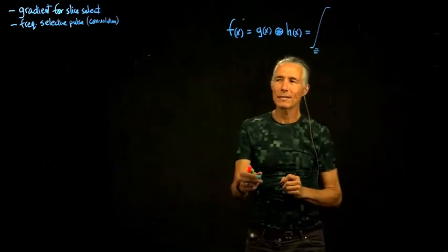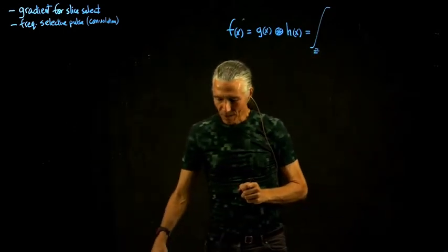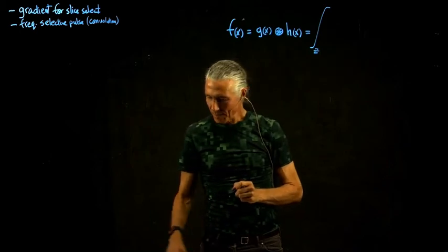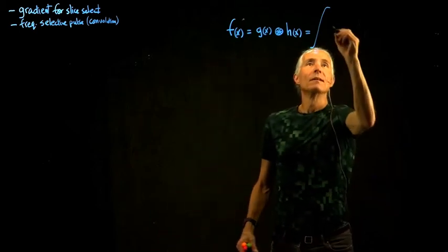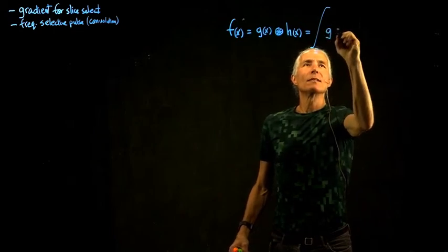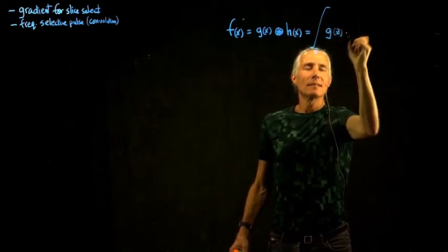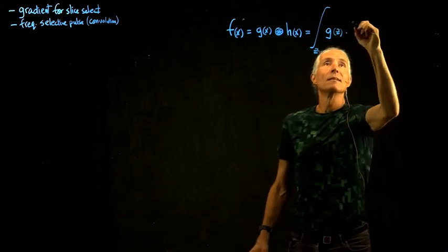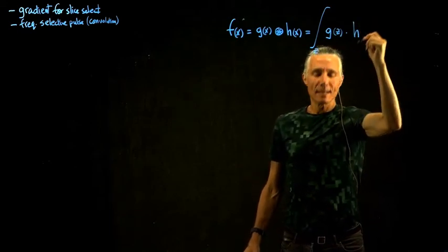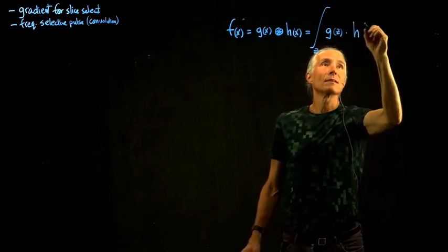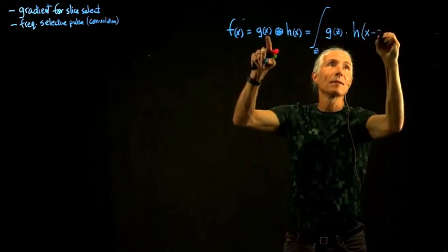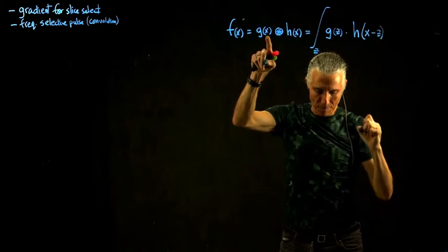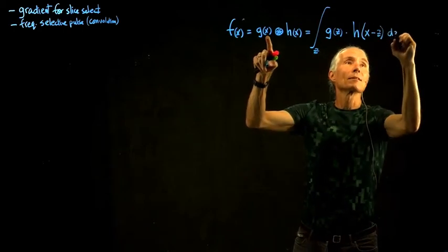For one point in x, we use a different variable to sum across, and our sum is the first function at point z times an offset point in the second function. So there's x, that's this x right here, minus z. That's an offset point summed across all z.